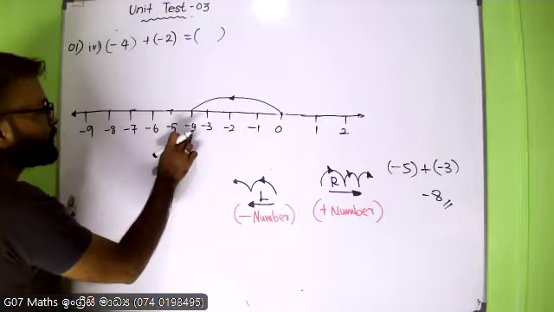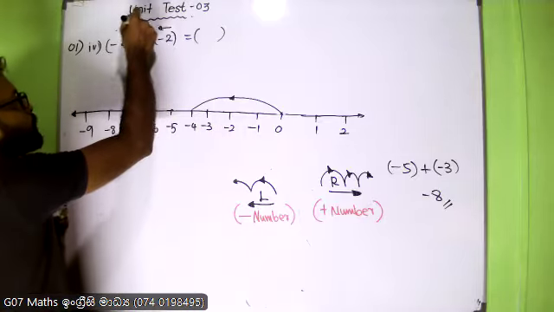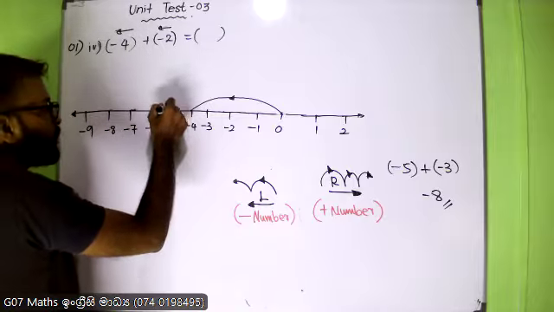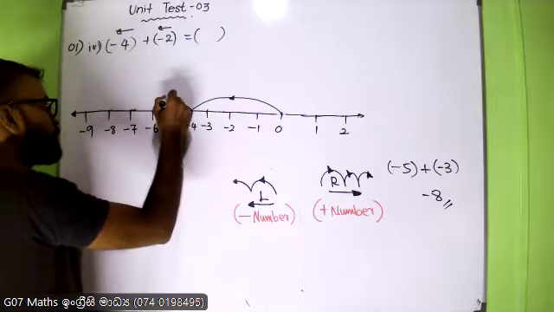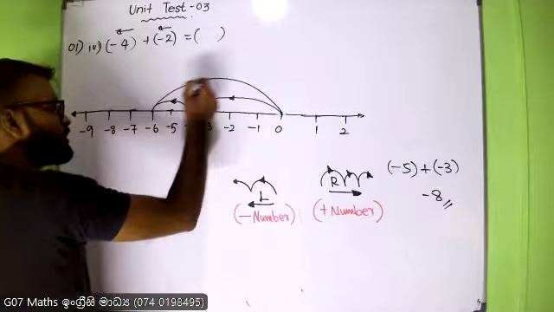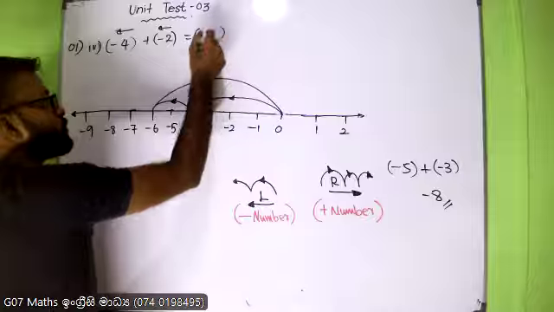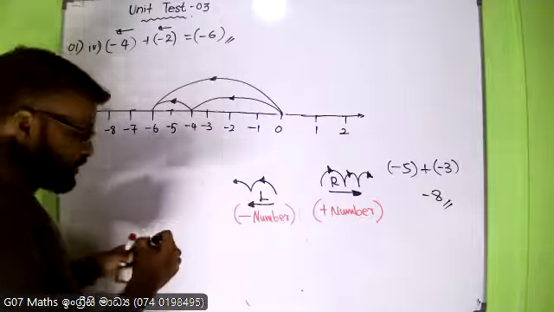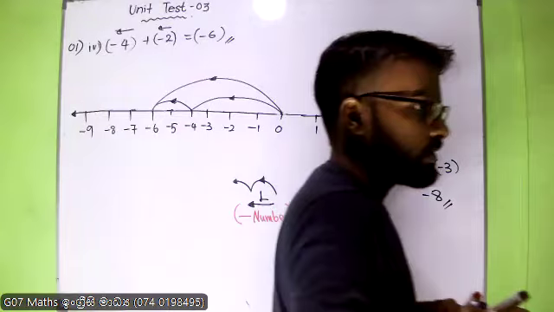Then from this point onward, I have to jump to my left. Both numbers are negative, 1, 2, 2 times. From 0 to 6. So your answer should be negative 6.